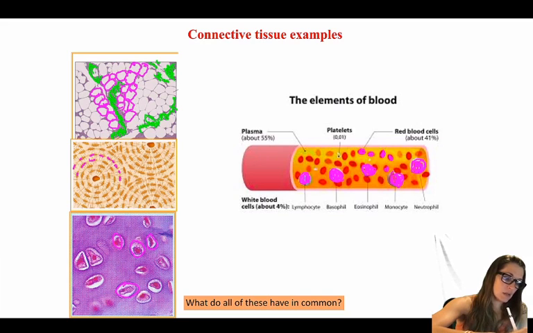Muscle cells are all packed together. Epithelial, obviously, because of their job, are super tightly packed together. But in connective tissue, the cells are all surrounded by this stuff, the stuff that is not made of cells.